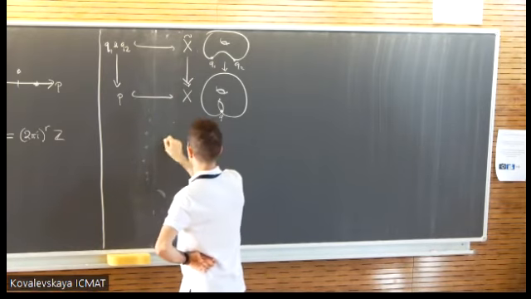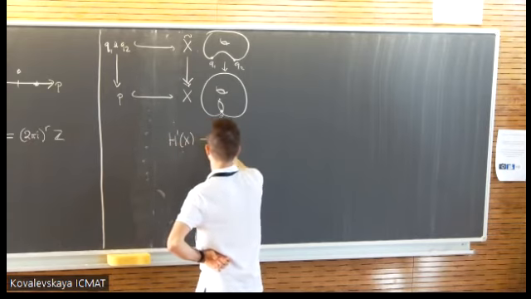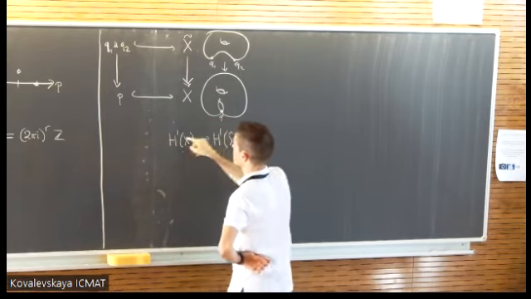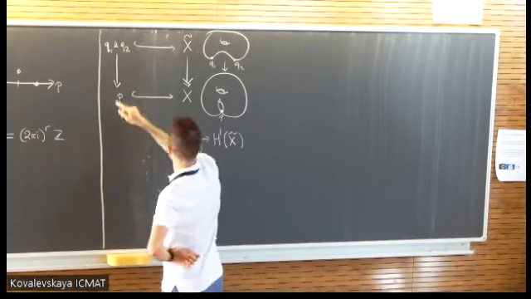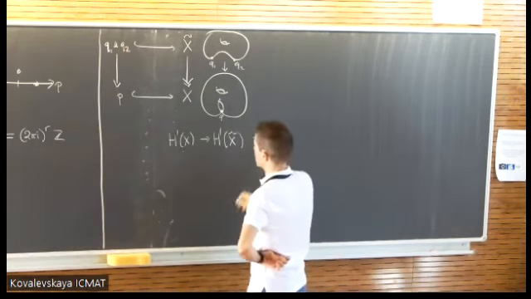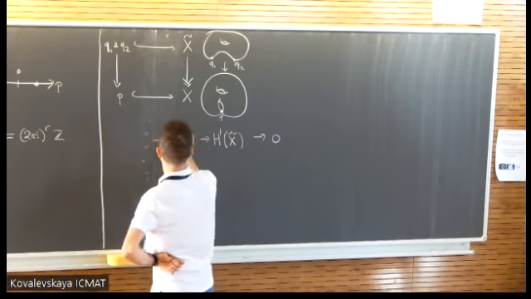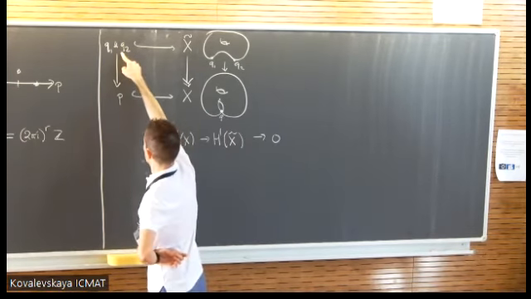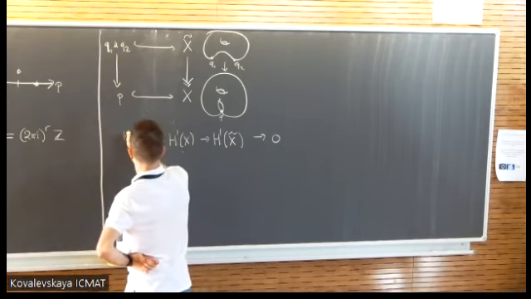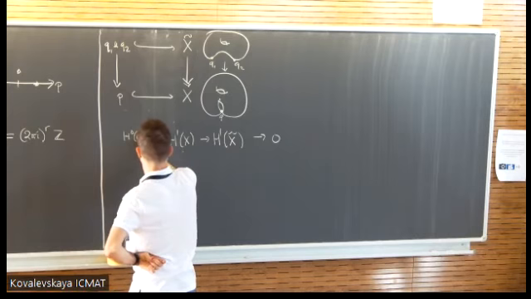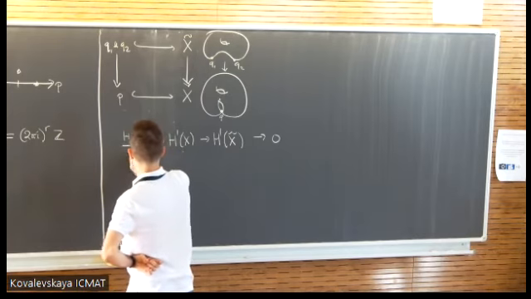So I would start with H1 of X goes to H1 of X tilde plus H1 of P, which is 0, so I omit it, goes to H1 of this, which is also 0, so I omit it. And then on the left, this thing has to come from H naught of this, modulo H naught of these. That can be sort of summarized as H naught of P.